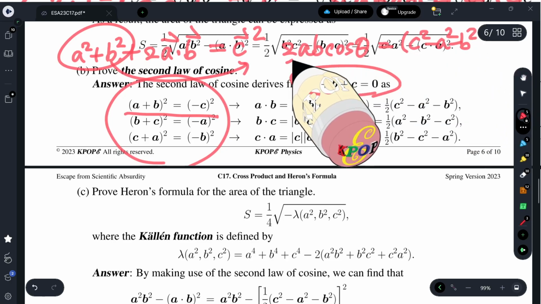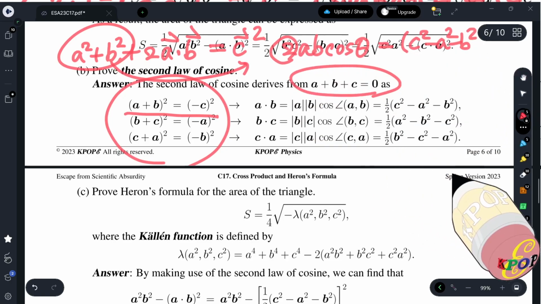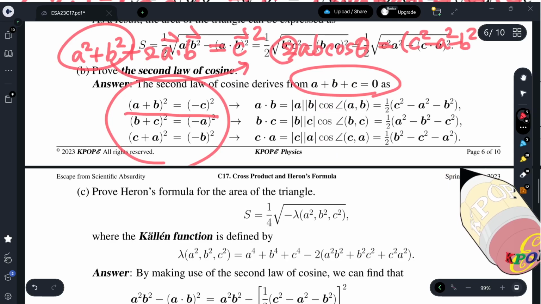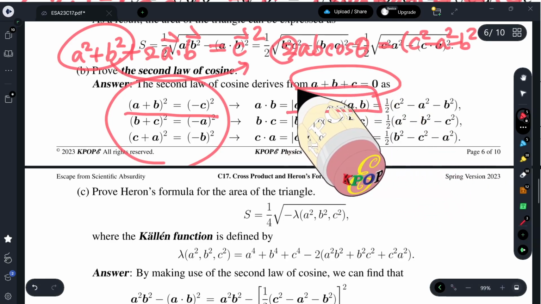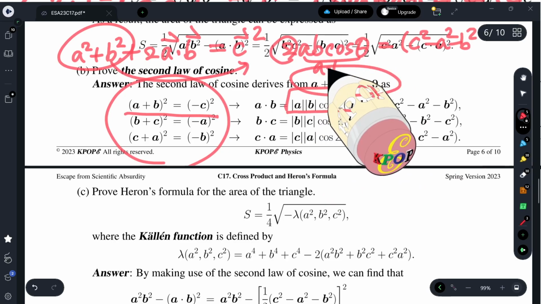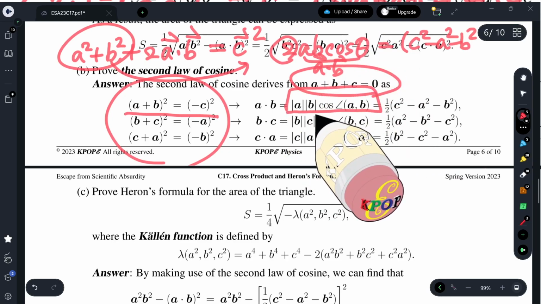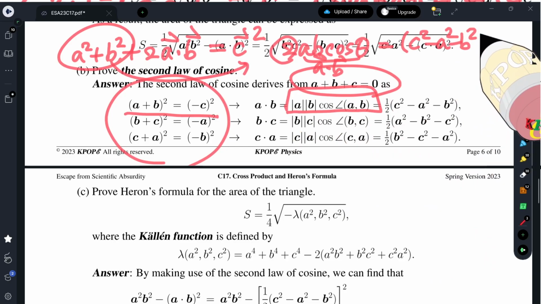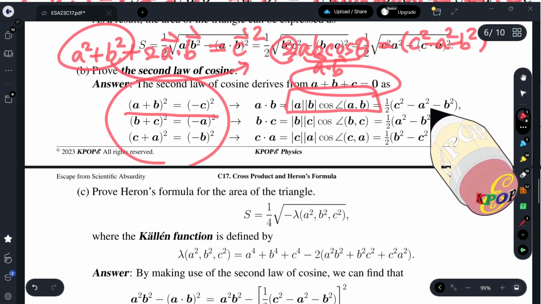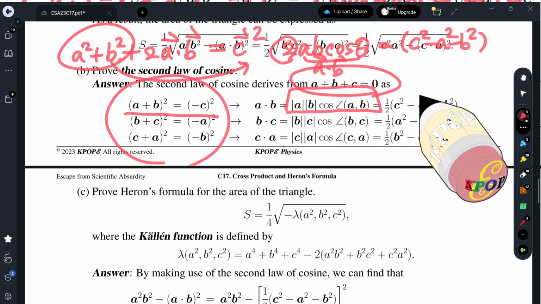So we divide both sides by 2AB. Then we have A dot B expressed in terms of linear combinations of the squares. So this is the law of cosine.